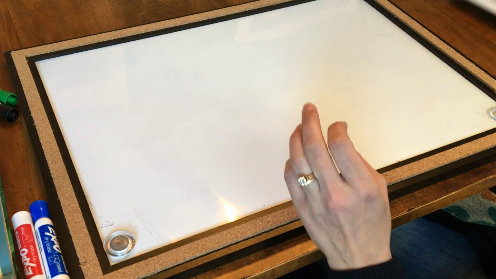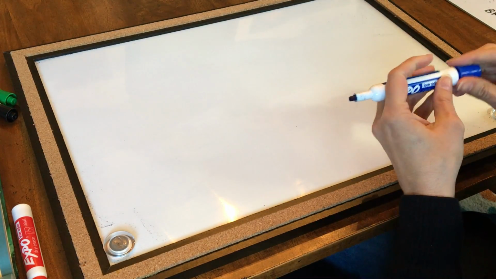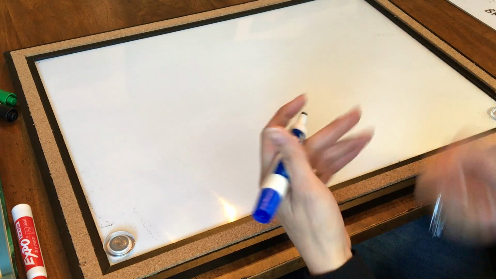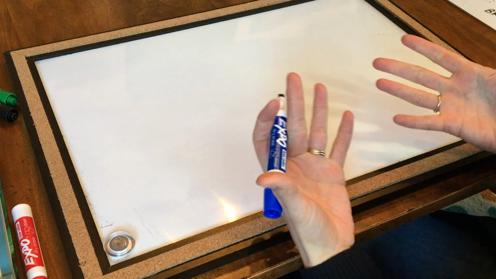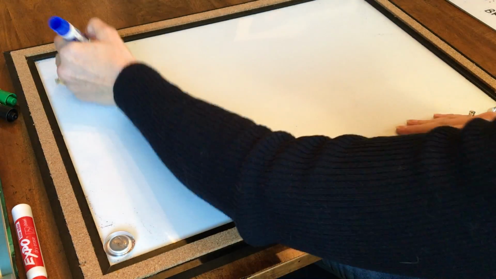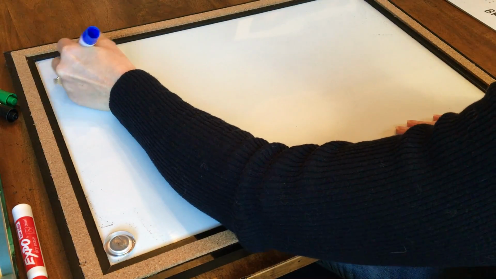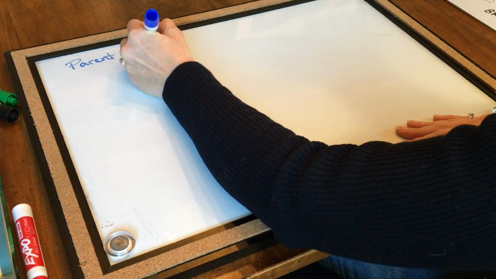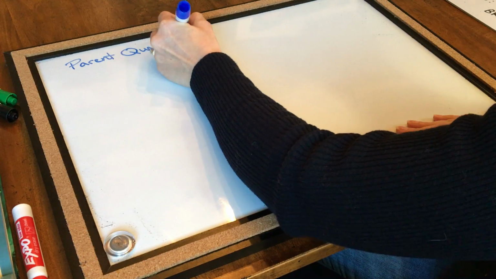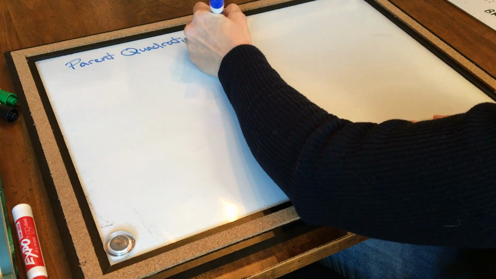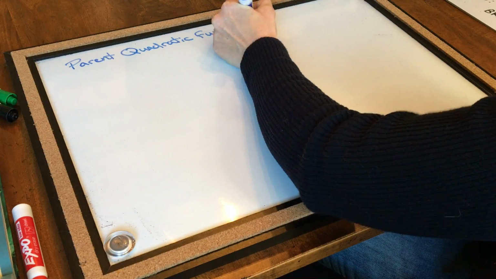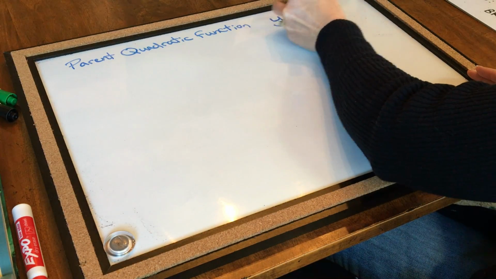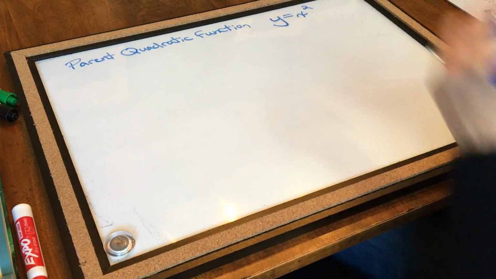Okay, let's take a look at quadratics. This is our first day of quadratics, and we've been working a lot with expressions that had x squared in them. Our parent quadratic function, meaning the most simple quadratic function, the one that all others are based off of, is our base function y equals x squared.